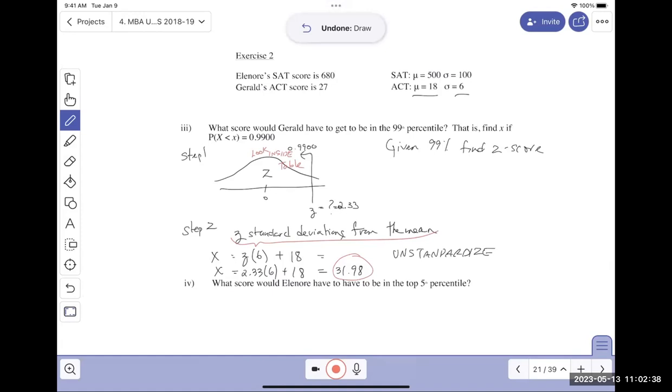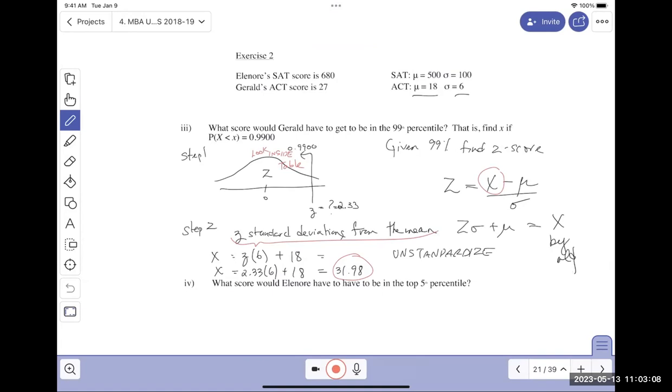You're unstandardizing. So what we did before was find a z-score equal to the value of x, whatever variable we're using, minus the mean, divided by the standard deviation. Well, now, rather than finding z, we're solving for x. We're doing things backwards. So mathematically, that is z sigma plus mu equals x, which is what we did.